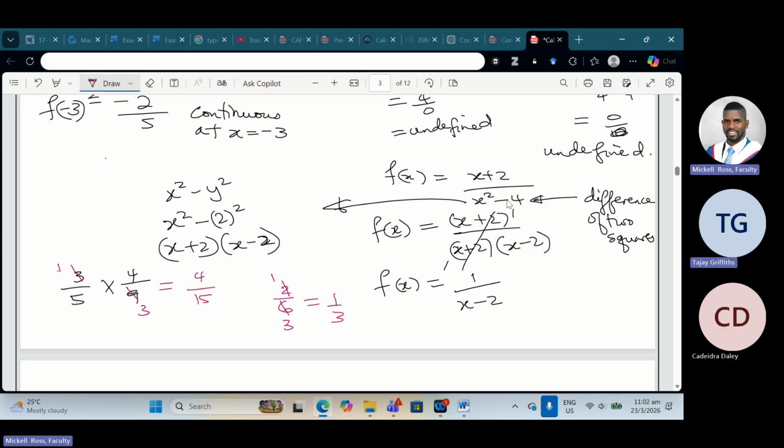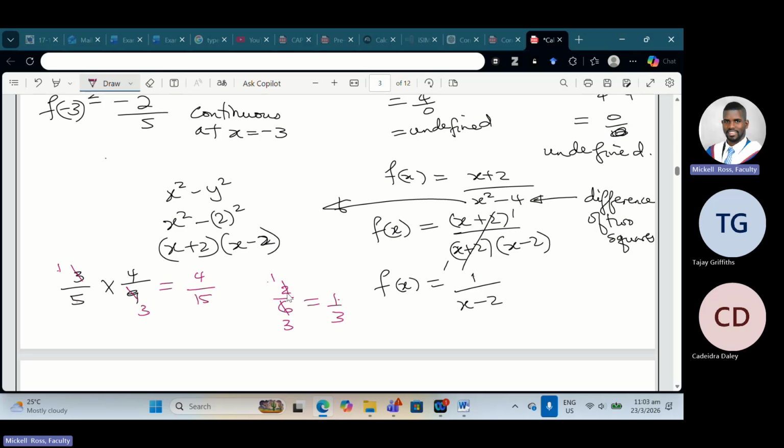Then that is what we did right here. X plus 2 into itself goes one time. X plus 2 divided into this goes one time. So you still have the 1 here, which is the numerator, because this x plus 2 cancels with this x plus 2.